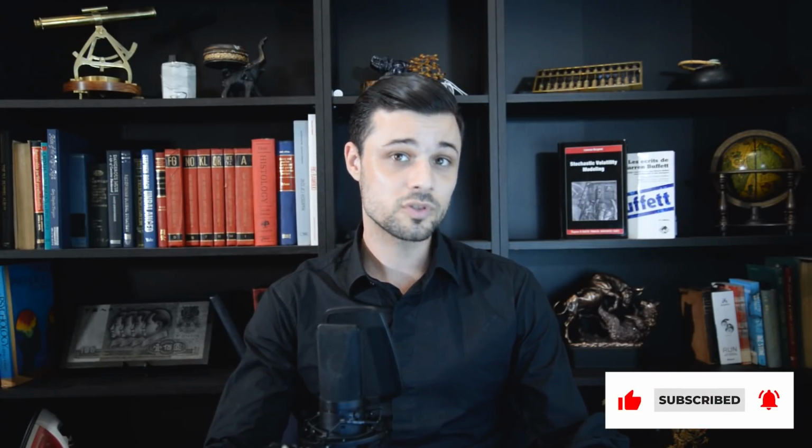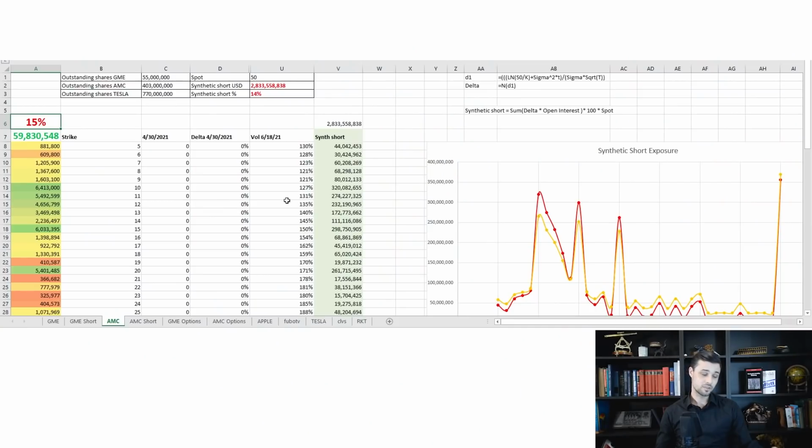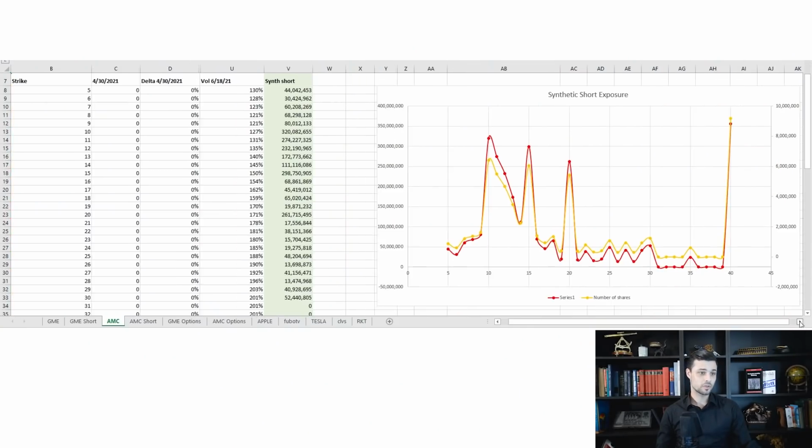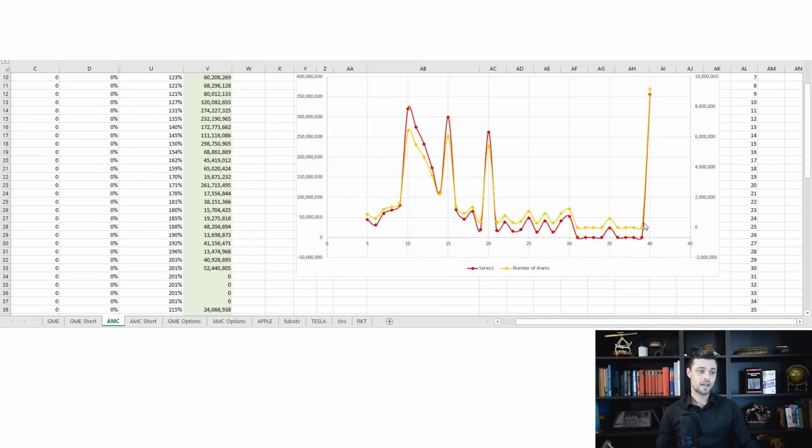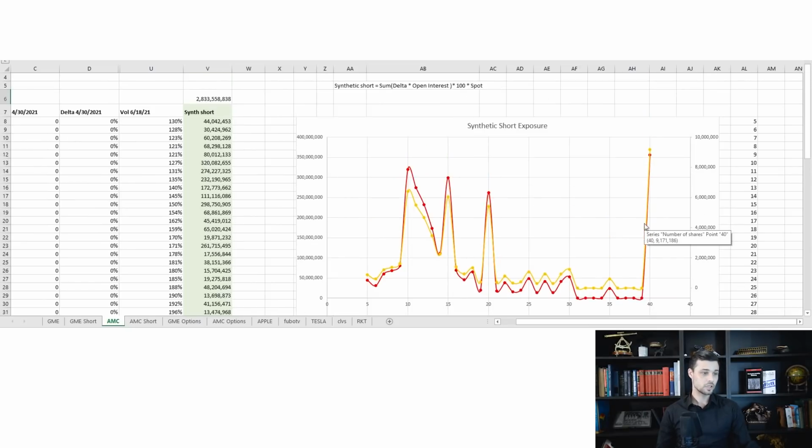And they're going to be forced to buy some shares in the market. This is the process of a gamma squeeze. And this can only happen when you have these out of the money strike levels that have a huge position in open interest. And this is the case for AMC, as I just showed you.